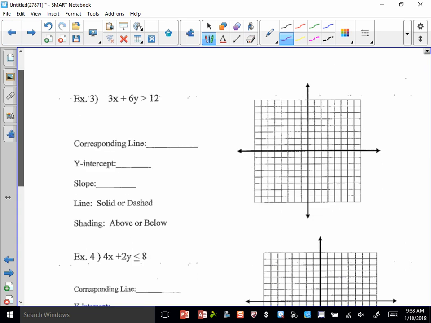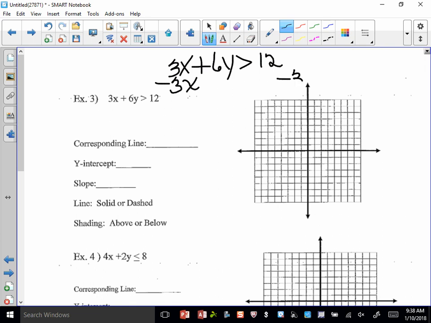So here we have to actually solve for y first. So I'm going to subtract 3x. That'll give me 6y is greater than negative 3x plus 12. And then divide by 6.